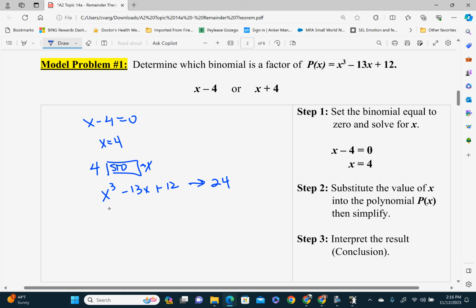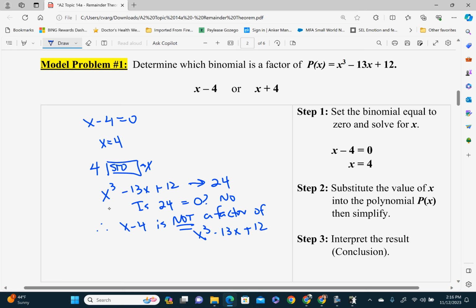Is 24 equal to 0? The answer is no. That means, therefore, that x minus 4 is not a factor of x to the third minus 13x plus 12.